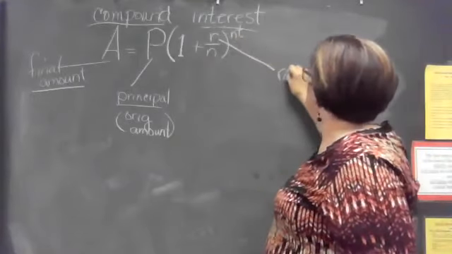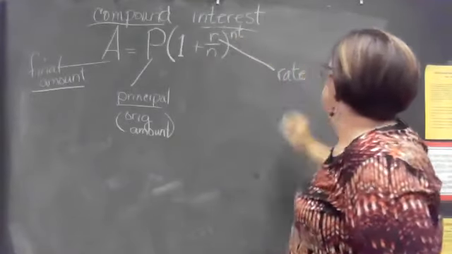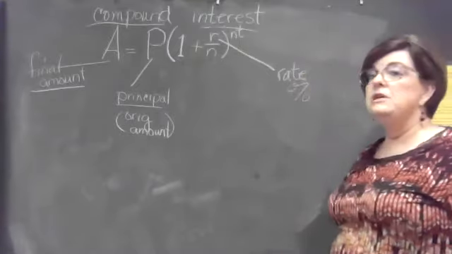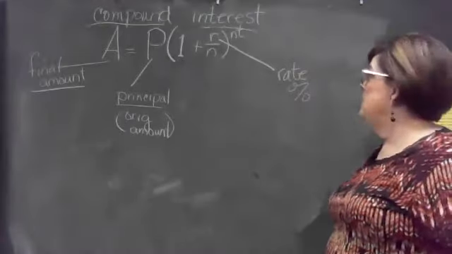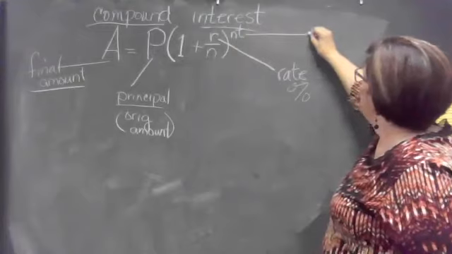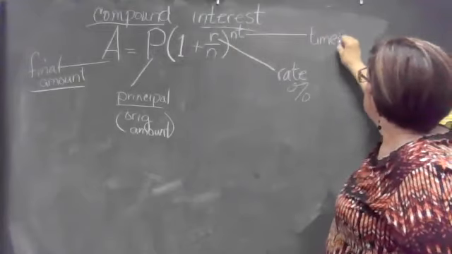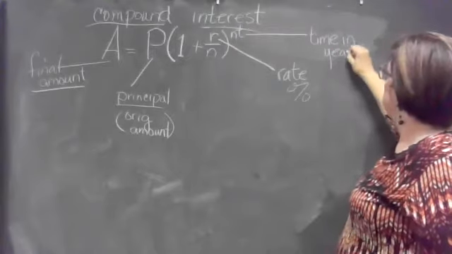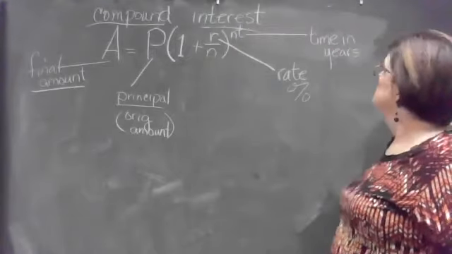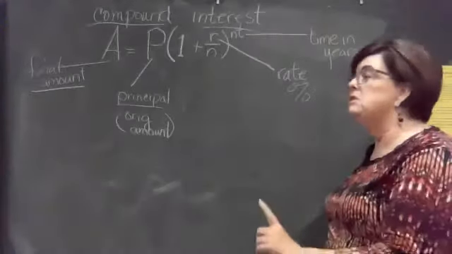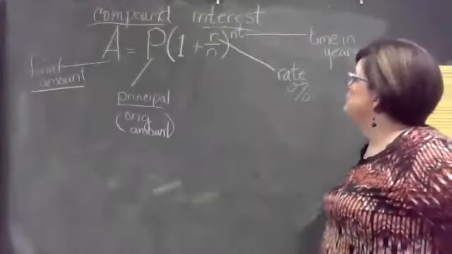R is the rate. Interest rate or rate, remember it's a percent and you need to change it to a decimal. And T is the same. It's time in years. Is that an NT or just a T? It's an NT, which means N times T will give you your exponent.